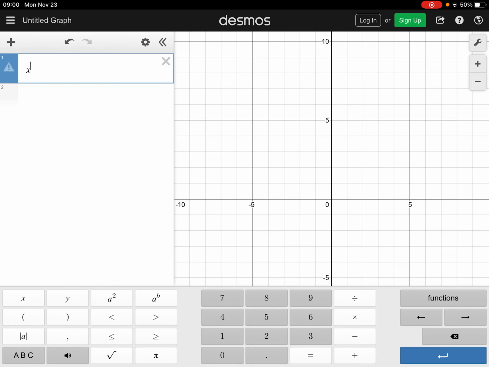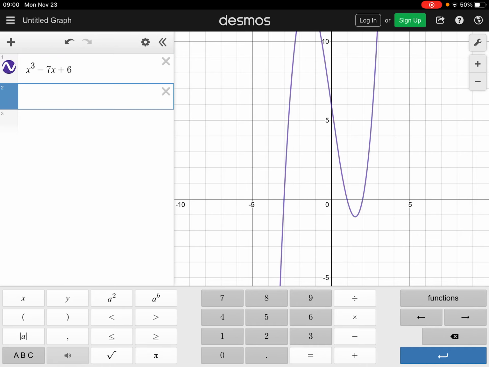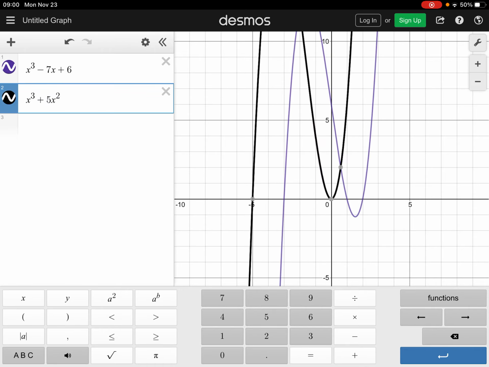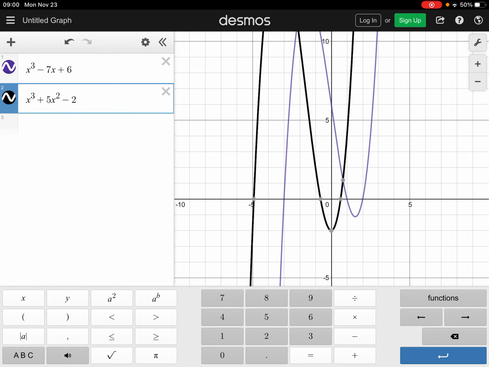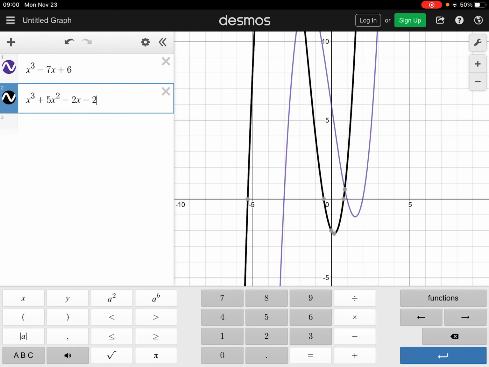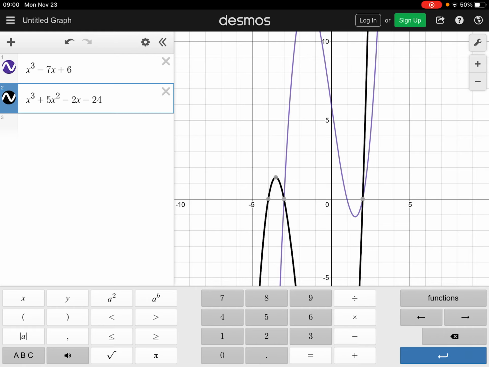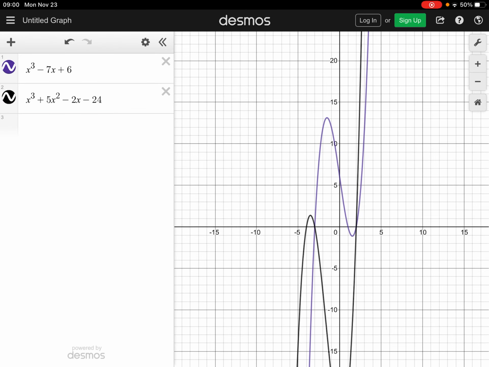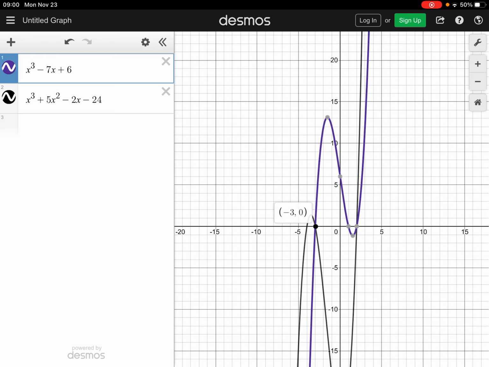So for that first example, it was x cubed minus 7x plus 6. The second one was x cubed plus 5x squared minus 2x minus 24. Hey Google, stop. That's my alarm for class, so good thing I'm almost finished. We are going to spot all the places where the purple and the black cross.